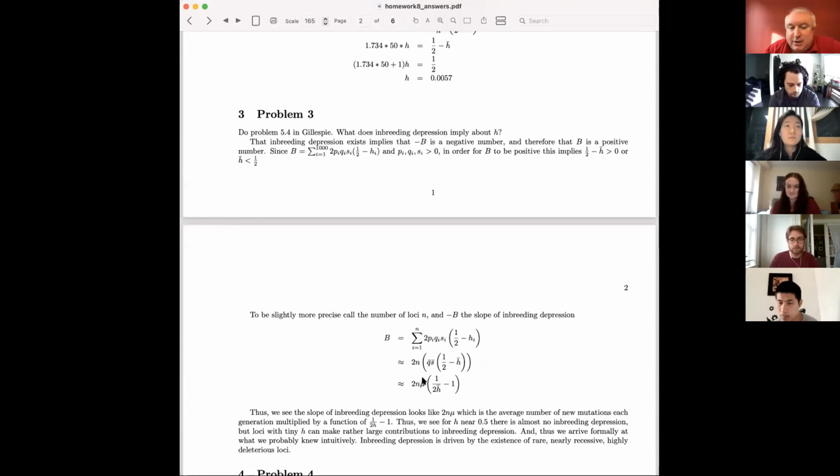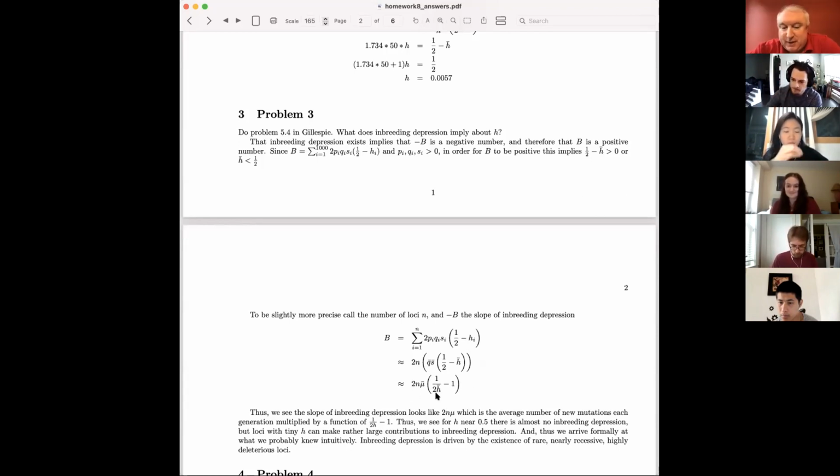I just write it as the mutation rate to new recessive lethals times their more or less heterozygous effect, 1 over H, how recessive they are. And if they are at a half, there's no such thing as inbreeding depression.